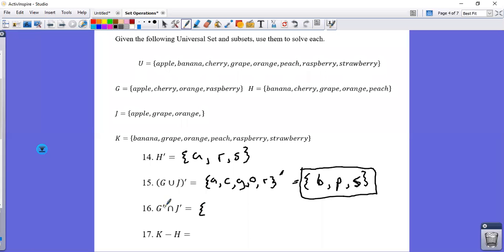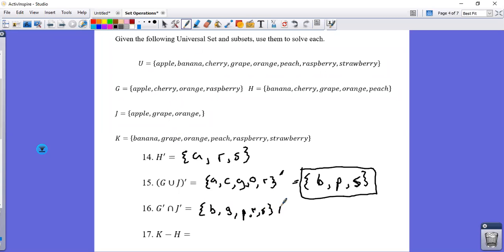So if I do the complement of G, G has apple, G needs banana, G has cherry, G doesn't have grape, G has orange, it doesn't have peach, raspberry, or strawberry.